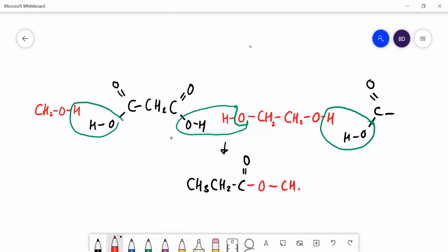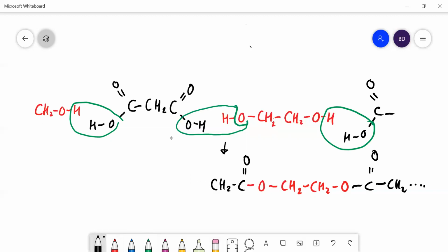Okay, so I'll just draw a bit of it, CH2, CH2, O, and then we've got the carbonyl. The carboxylic acid will carry on like that. That is now a carboxylic acid carbon, and that is bonded to the alcohol, and make that a diol there.